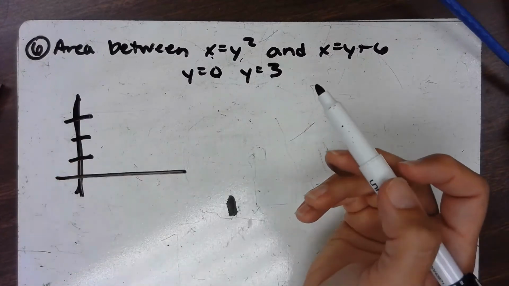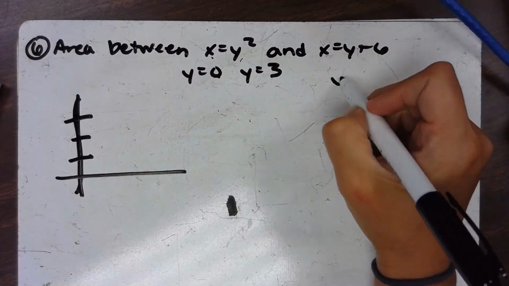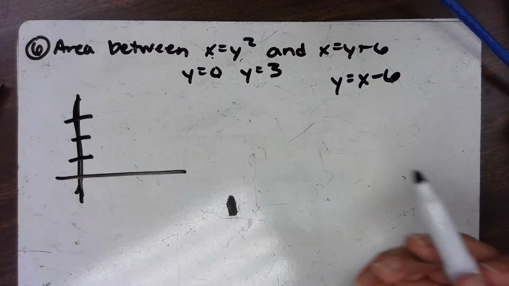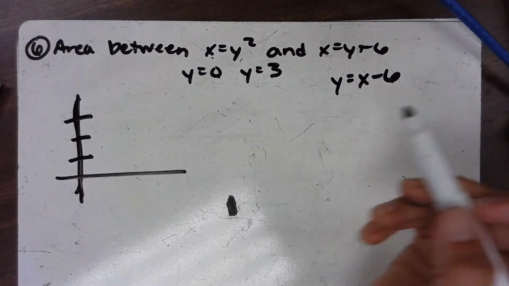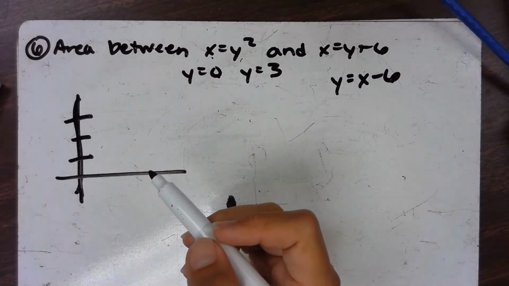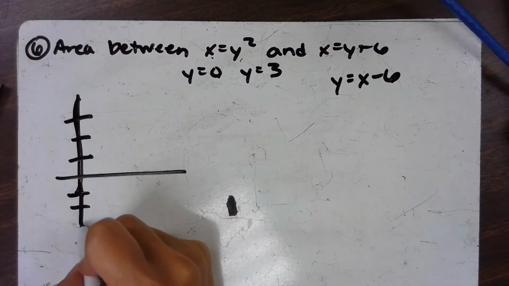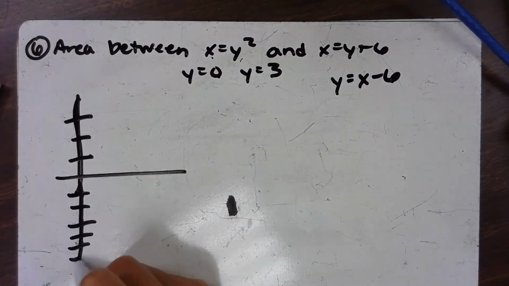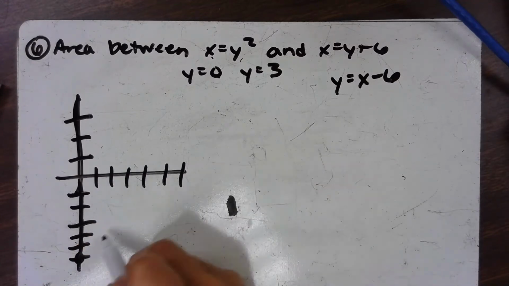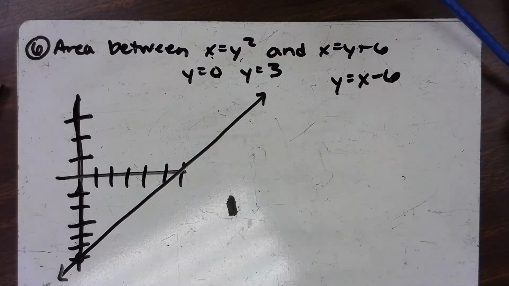If you want to think of this for a second when you're graphing, it's a slope of 1 and it's negative 6 down here. So what's actually happening? 1, 2, 3, 4. We've got this line that looks like this.